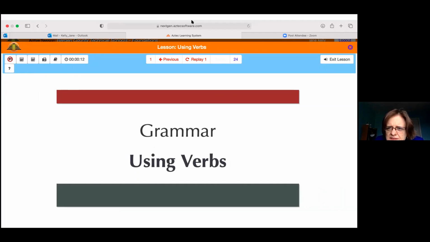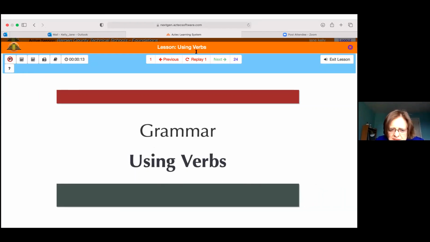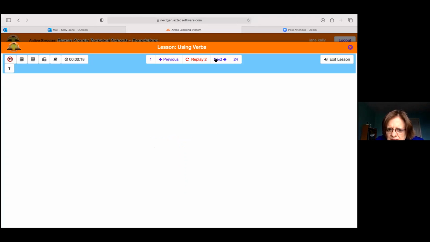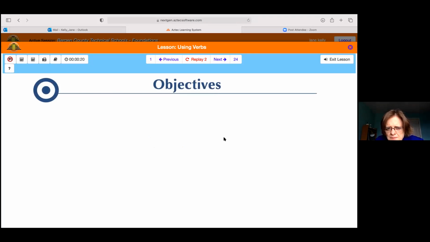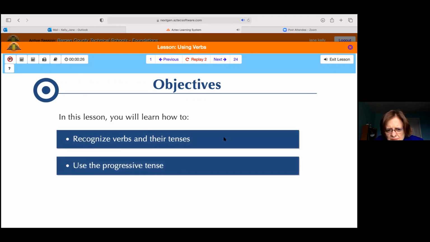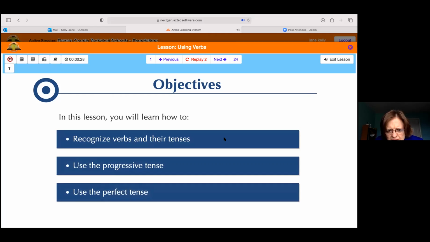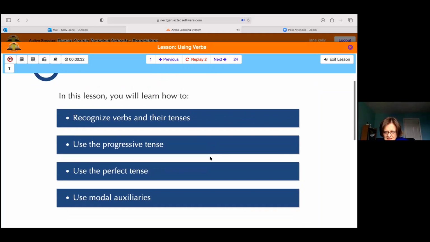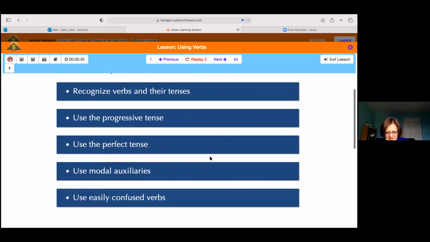So this is our bottom lesson. These sounds, does this look like ESL? I think this looks like ESL.